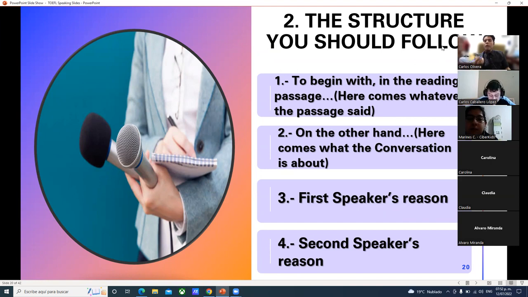Wonderful. So how would you continue, on the other hand, and what would be the rest? On the other hand, the two students were talking about how they feel about these changes. The student that participates in the choir feels really happy with it. He thinks they will be more motivated because now they will have more rehearsals, because now they only rehearse once a week.